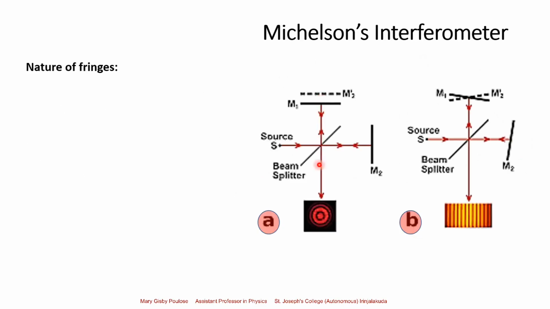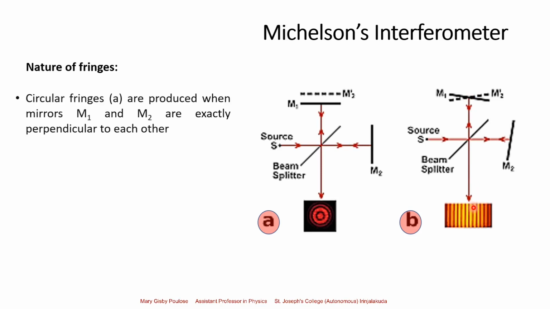In this case, you can see the exact center of the fringe pattern. That is, you can see circular fringes. Whereas in the second case, if the mirrors are tilted with respect to each other, you will see localized fringes that are alternate bright and dark straight fringes.